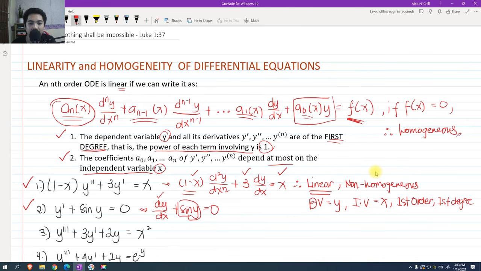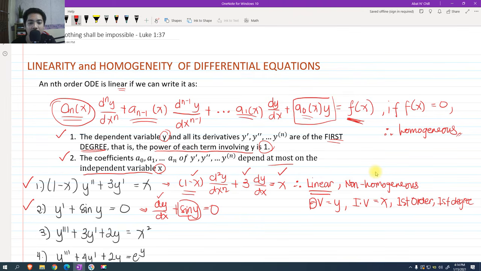We are trying to avoid using this transcendental function with the dependent variable y. If this is the independent variable x, sine of x, it's okay. But here it's the dependent variable, and in rule number 1, the dependent variable should be in first degree, or linear in terms of graph.